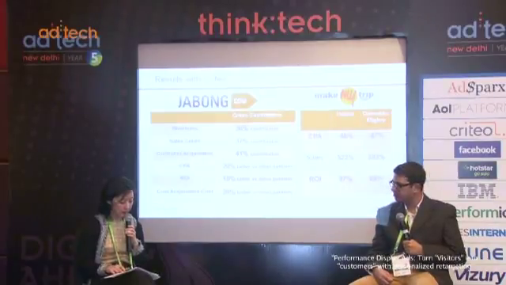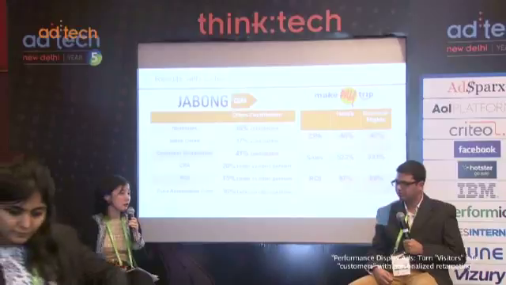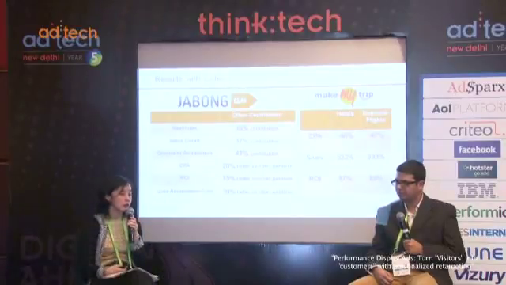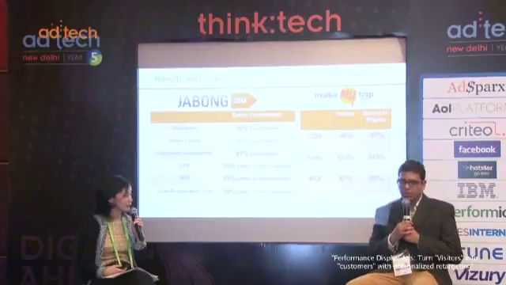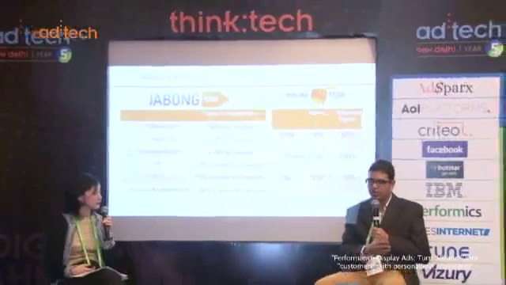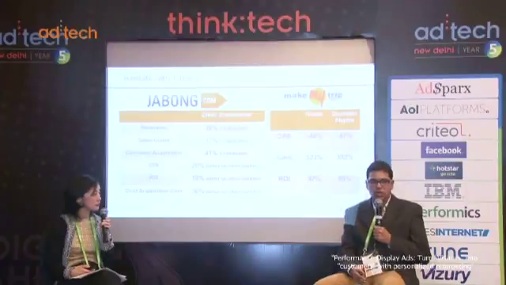Okay, and how do you measure your conversion? There's a huge talk about attribution and how you attribute your sales across different channels. How does Jabong do that? We use an attribution model which weighs the different traffic sources throughout the click journey of the customer.